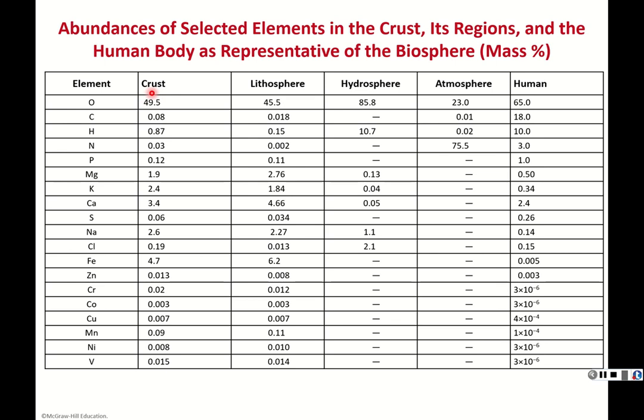But it's in so many minerals that it makes up a huge percentage by mass. Some of the other elements are listed here. The next highest one that you can see is iron, and that's only about 5%. So oxygen at 50% is by far the biggest.